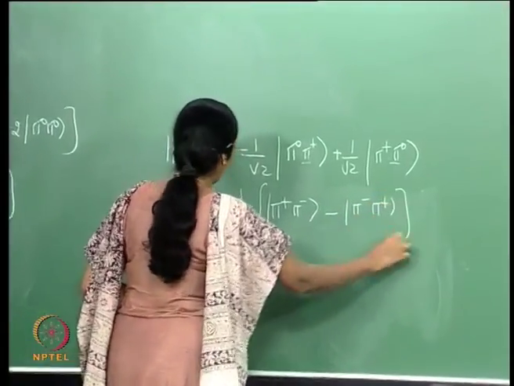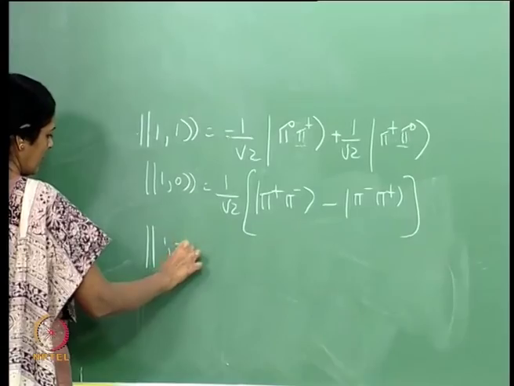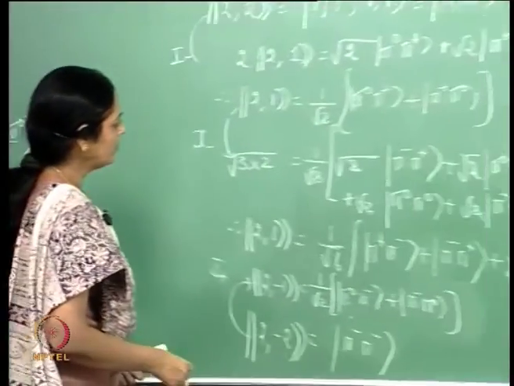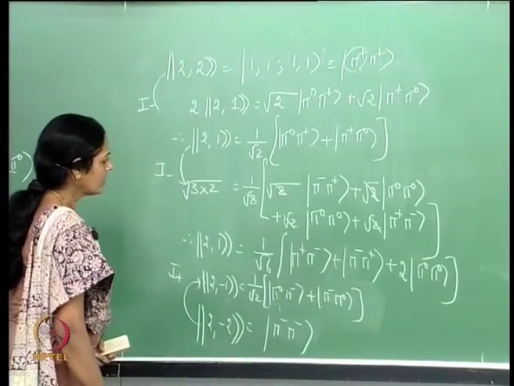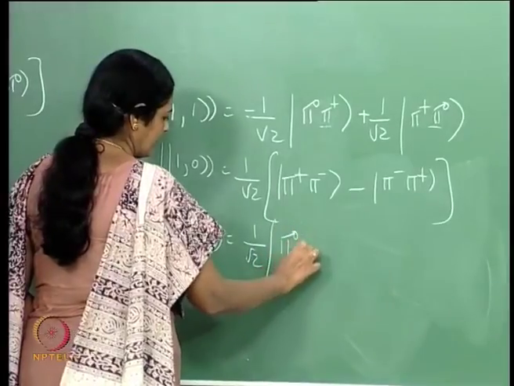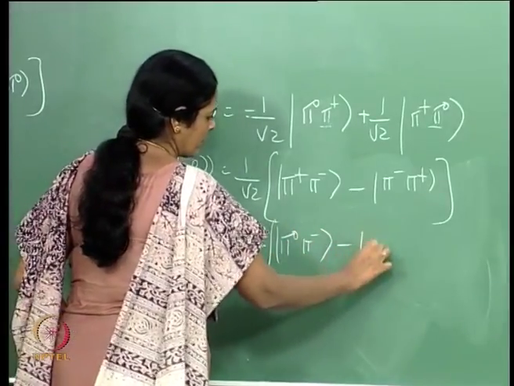These are the two antisymmetric states. And 1 comma minus 1 is out there, it is 1 by root 2 pi 0 pi minus minus pi minus pi 0.